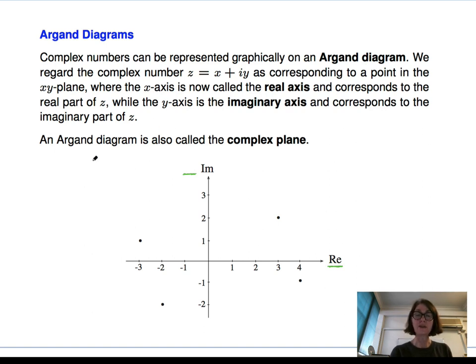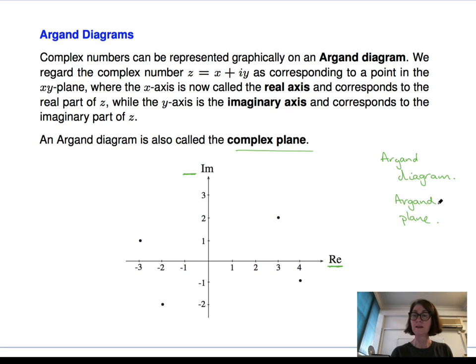And this setup here is called an Argand diagram. Some people call it the Argand plane, and it's also known as the complex plane.